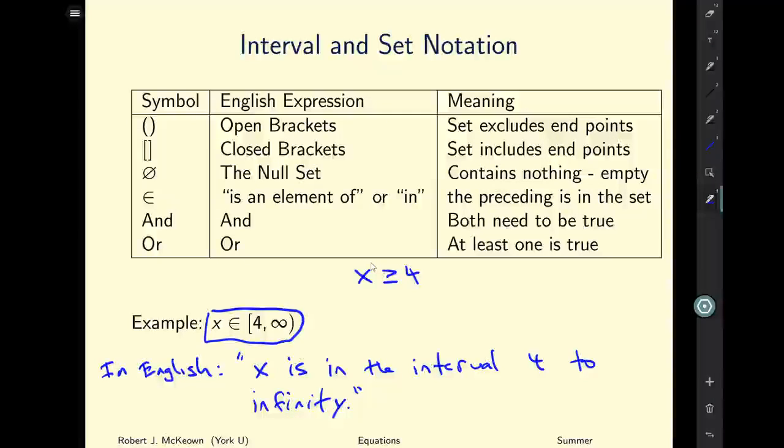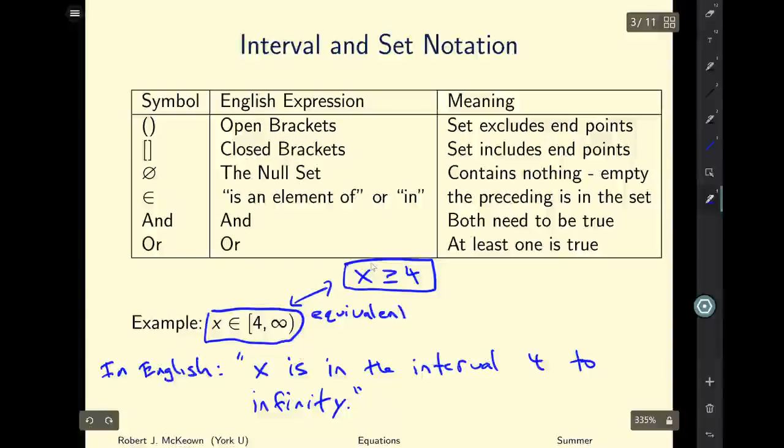And if I write that, these things are equivalent. So that's an alternative way of writing it, and that's going to come in handy when you look at the problems on ALEKs, and when they ask you to go from an expression like x is greater than or equal to 4 to writing the set or interval notation.